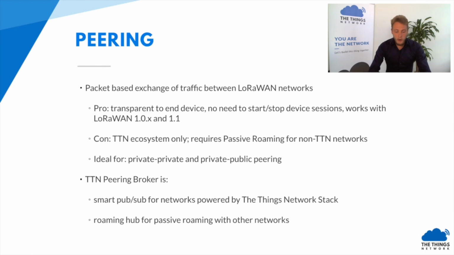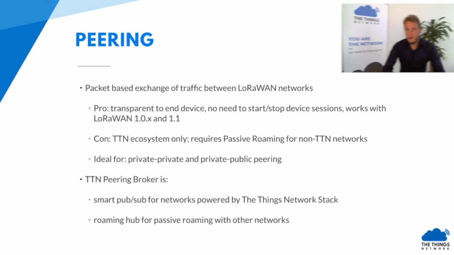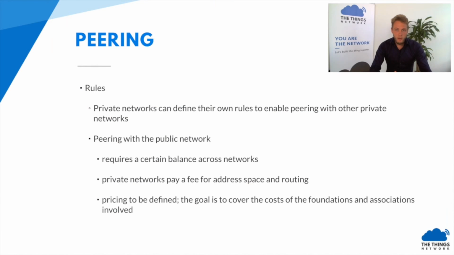So the Things Network Peering Broker is a smart PubSub for networks that are powered by the Things Network Stack. To exchange traffic with other networks, the Things Network Peering Broker is also a roaming hub, supporting the passive roaming specification of the LoRa Alliance. Private networks can define their own rules to exchange traffic with each other.